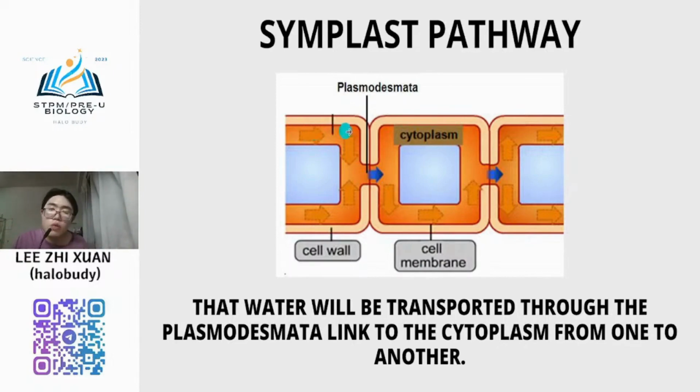The water molecule will pass through the cytoplasm of the plant cell, and when it goes from one cell to another, the water will pass through the plasmodesmata, enter the cytoplasm of the next cell, and repeat this process until it enters the root xylem vessel. So this is the symplast pathway.